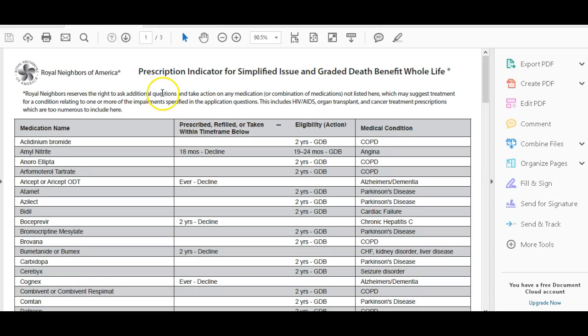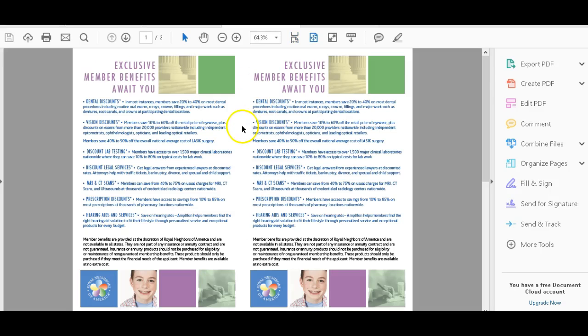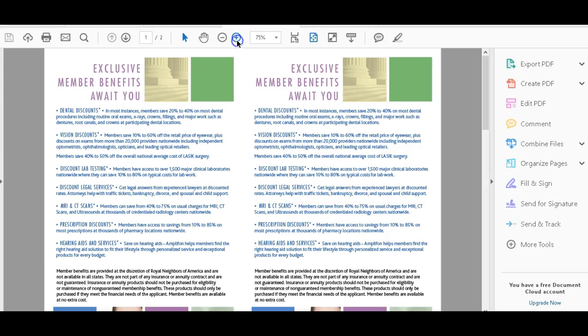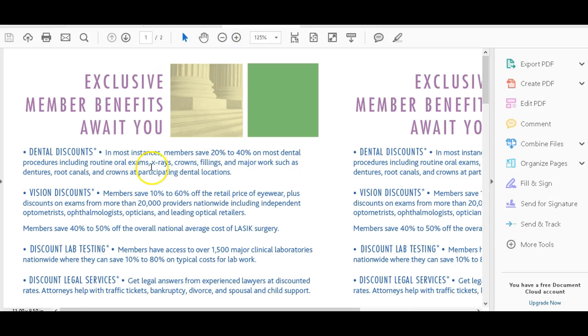All right, now a couple other things I want to just show you about Royal Neighbors is that they also have some other benefits that some of the other carriers don't have. Okay, they have a discount dental program. In most instances, members save 20 to 40% on most dental procedures. They get vision discounts, 10% to 60%.